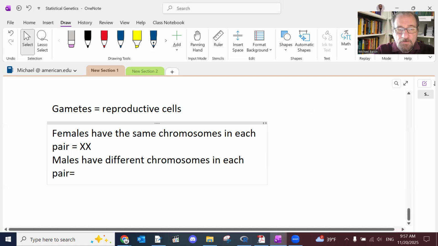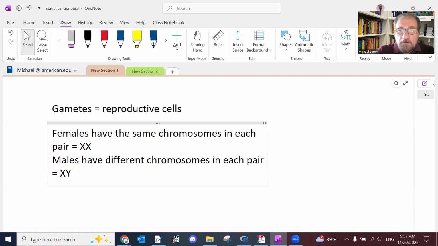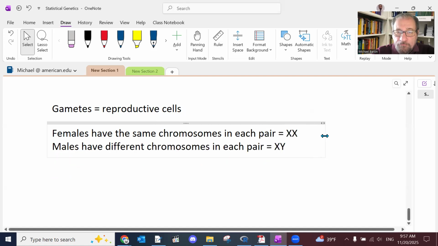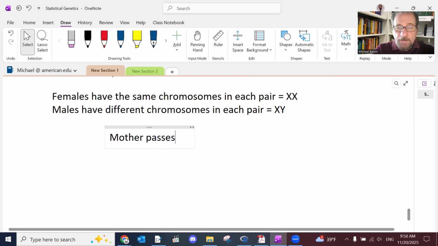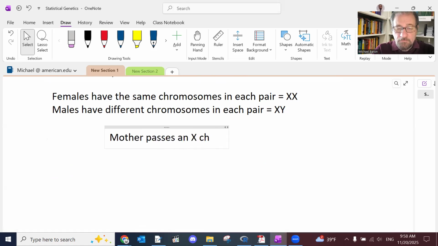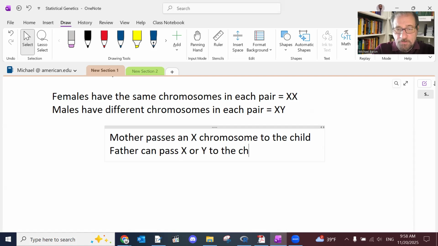So these are called XY. Then the mother, female, passes an X chromosome to the child. Father can pass X or Y to the child.